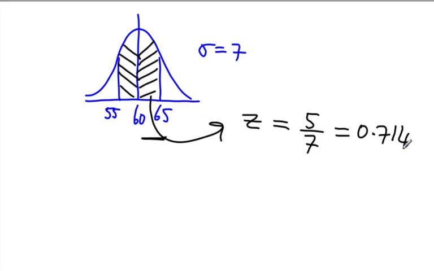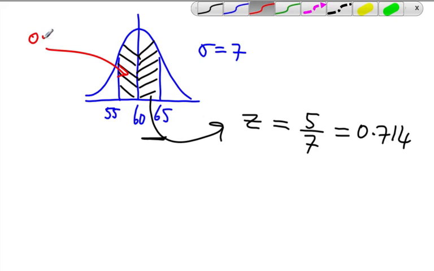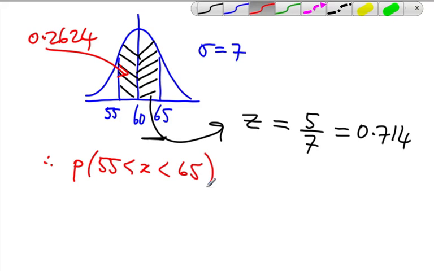So if we look up 0.714 in the tables, 0.714 is 0.2624. And I would normally just do this. 0.2624 is the area, therefore the answer to the question, which is what is the probability of being between 55 and 65.